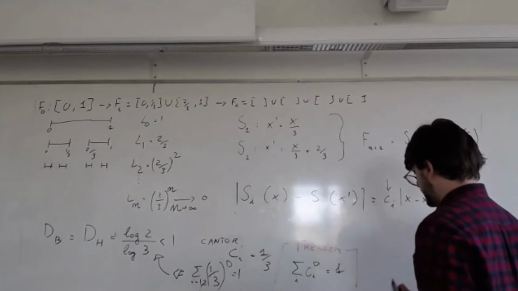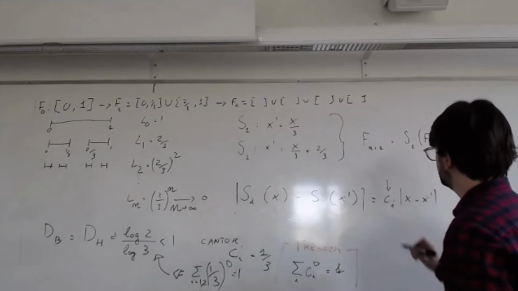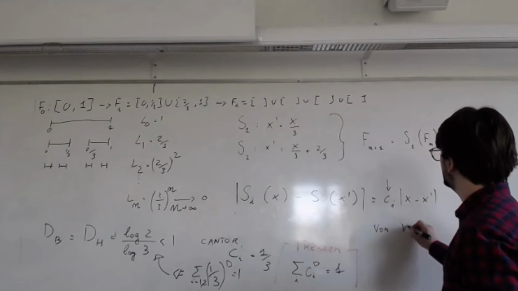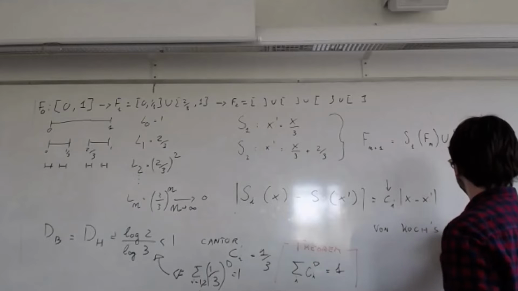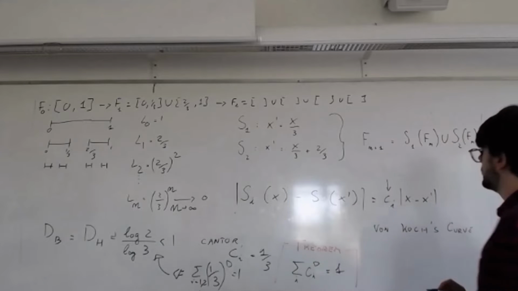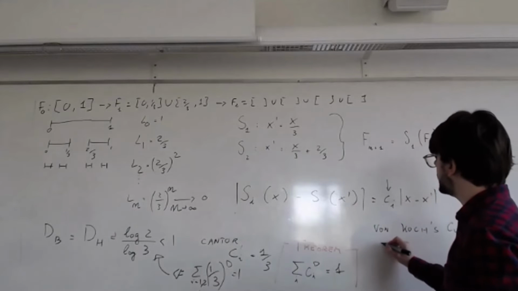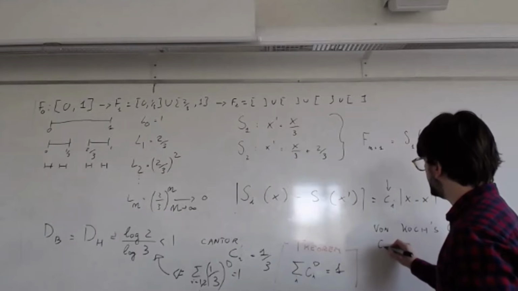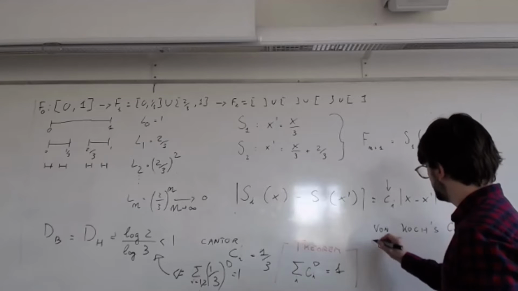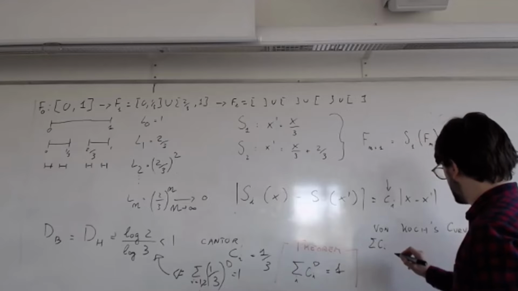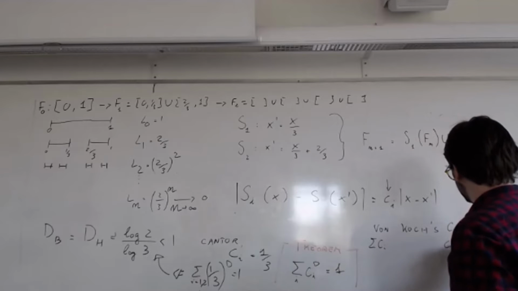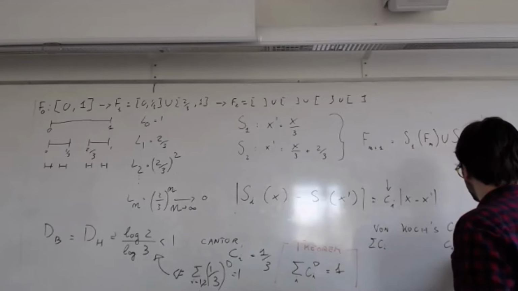So in the Cantor case and in the von Koch curve, basically what I have are CIs where all the CIs are still equal to 1/3.